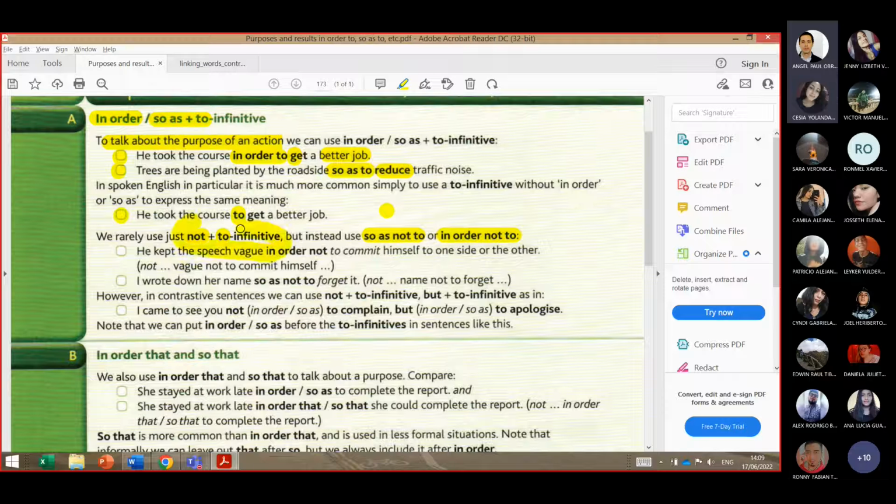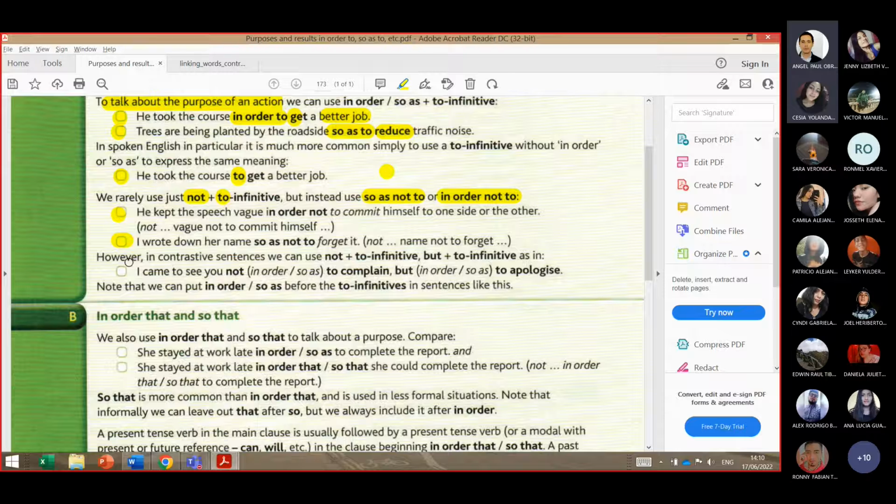Entonces, por ejemplo, aquí ya se pueden olvidar de esto. Y siempre utilicen este so as not to o in order not to, ¿okay? Por ejemplo, he kept the speech vague in order not to commit himself to one side or the other. Okay? I wrote down her name so as not to forget it.